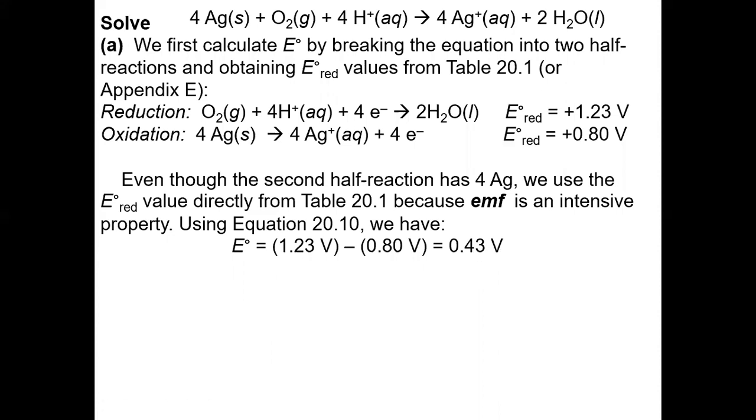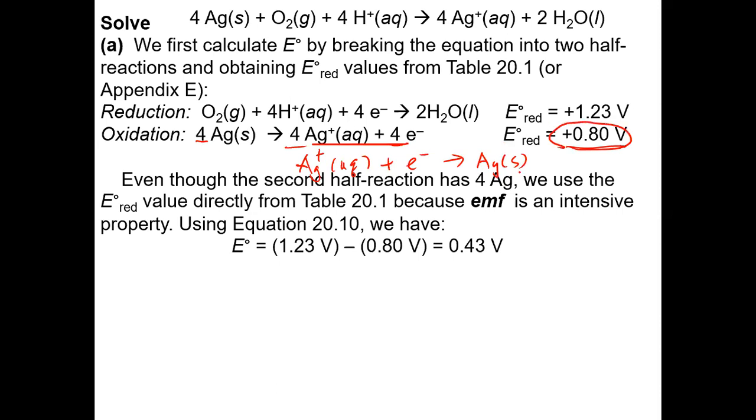One point we noticed Tuesday: even though in this equation we have 4, 4, and 4, this number you get actually is from this equation, Ag plus aqueous plus 1 electron produces Ag solid. So this is this number.